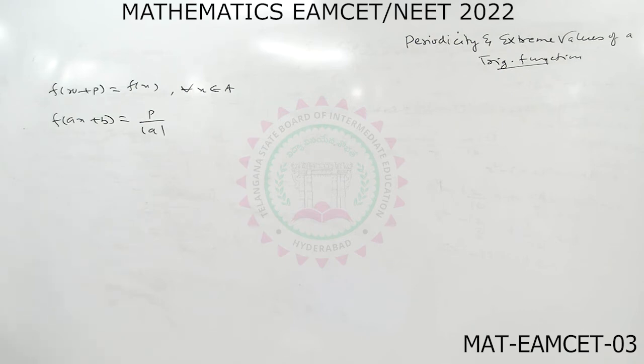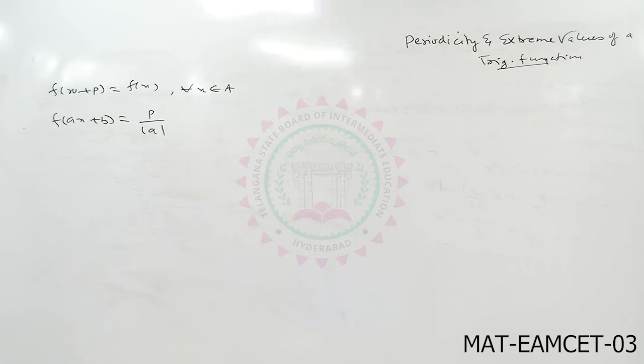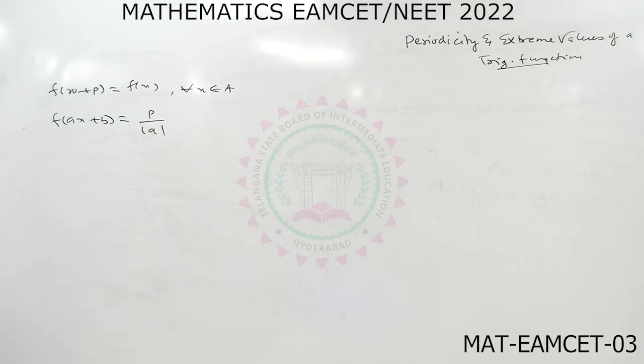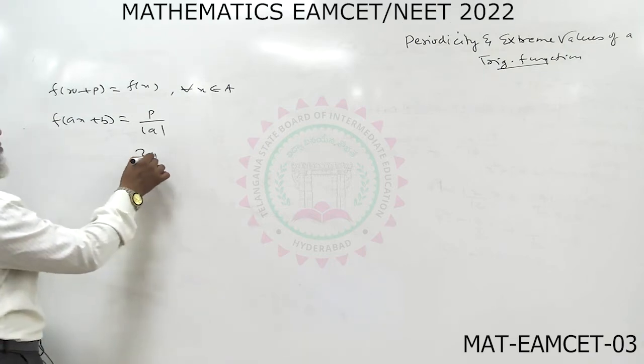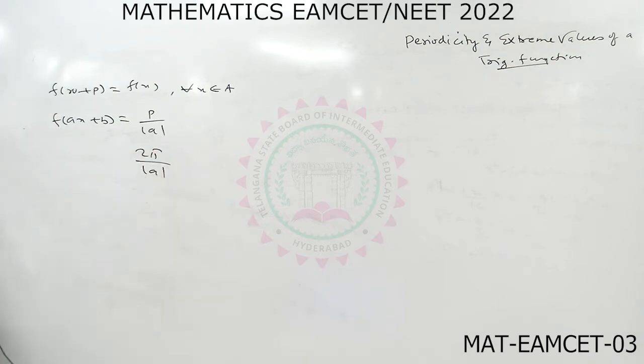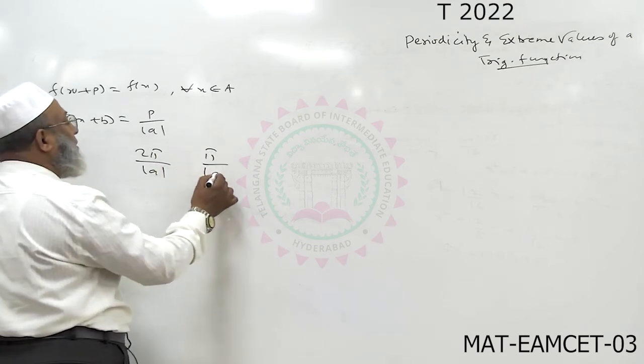Now you know that the period of sin ax, cos ax, sec ax and cosec ax is 2 pi by mod a, and the period of tan x and cot x is pi by mod a.